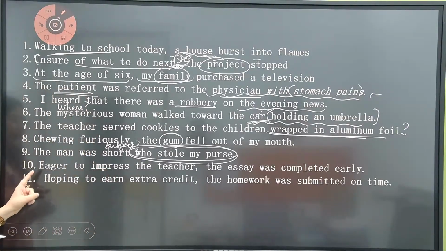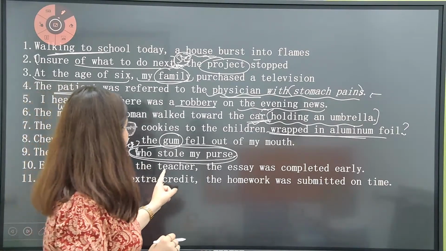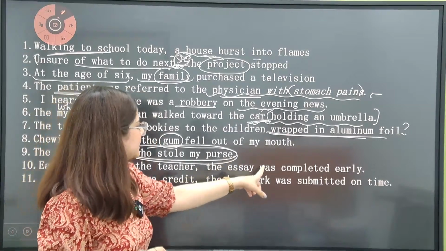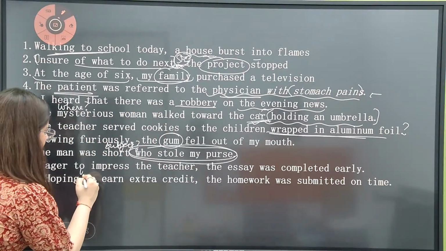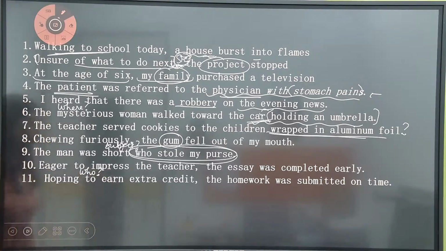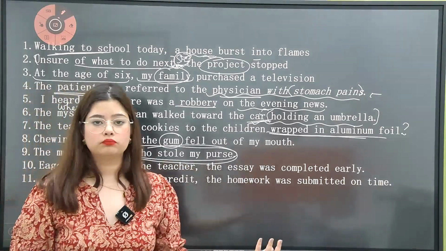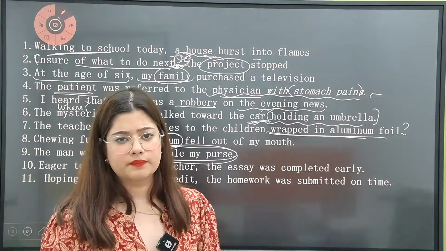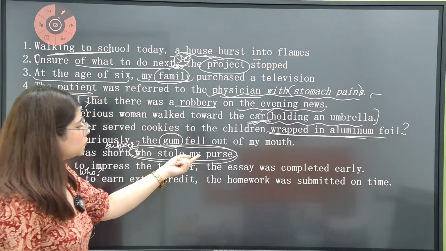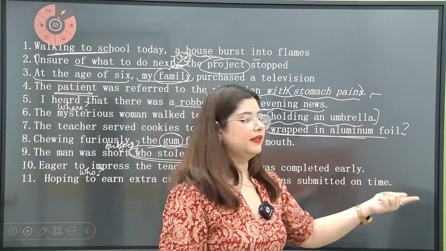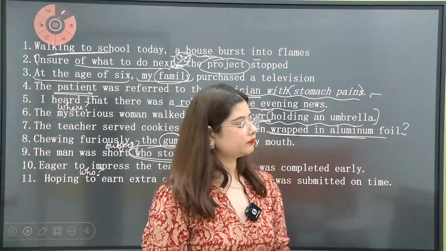Next, eager to impress the teacher, the essay was completed early. Who was eager to impress the teacher? Essay? No. Obviously, students. So, eager to impress the teacher, the students completed the essay early.